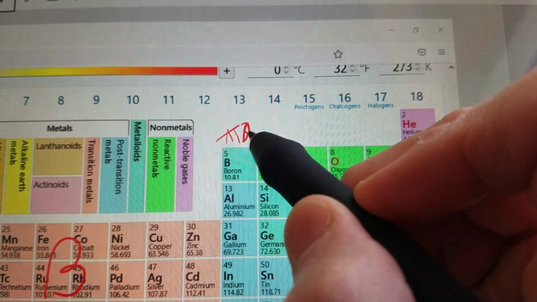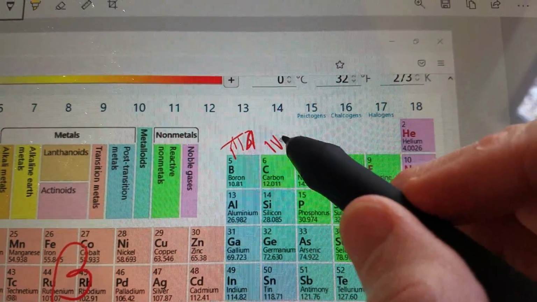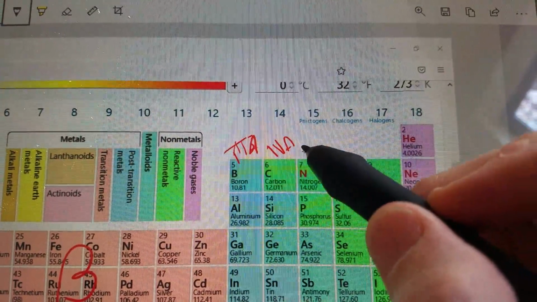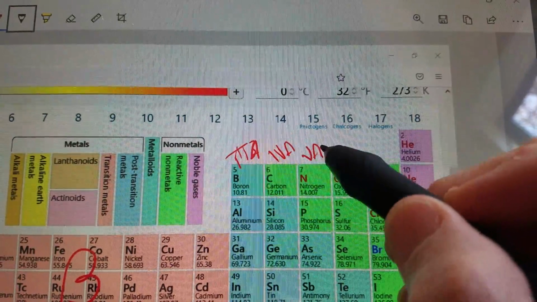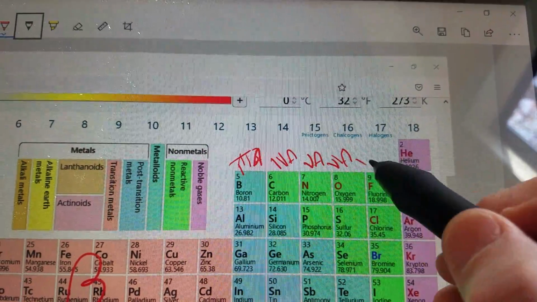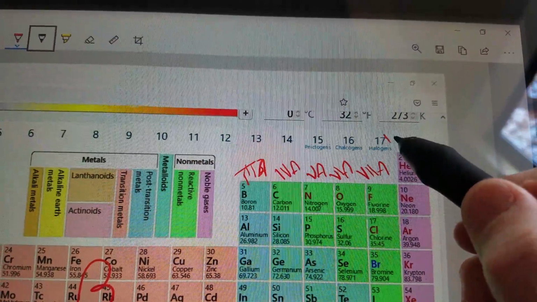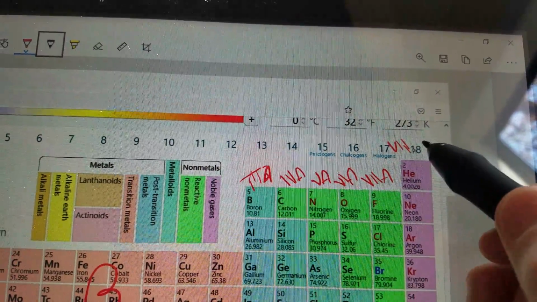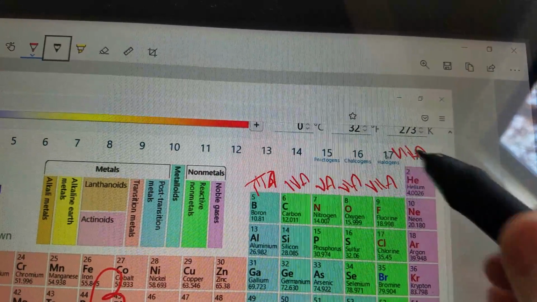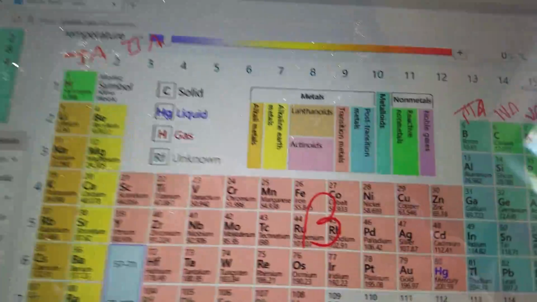This will be the group 4A. Nitrogen is the group 5A. Oxygen is the group 6A. Fluorine is the group 7A. And then this column is the group 8A. If you number them this way, then all you have to do is look at the Roman numeral to get their valence number of electrons.